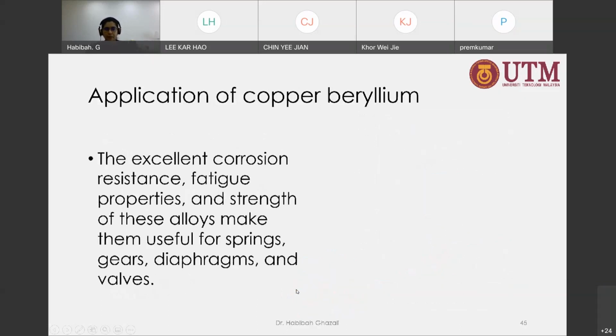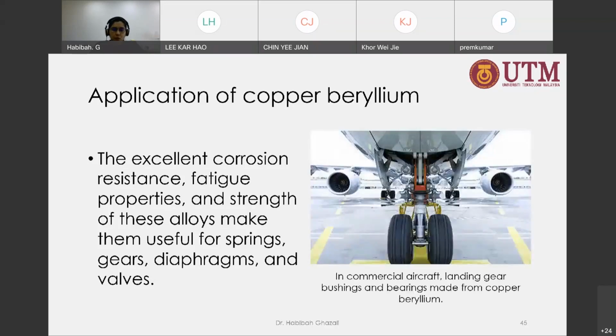Because of its good strength and high stiffness, and because it also possesses corrosion resistance and fatigue properties, it is useful in applications such as springs, gears and valves. In a commercial aircraft, the landing gear bushings and bearings are made of copper beryllium.